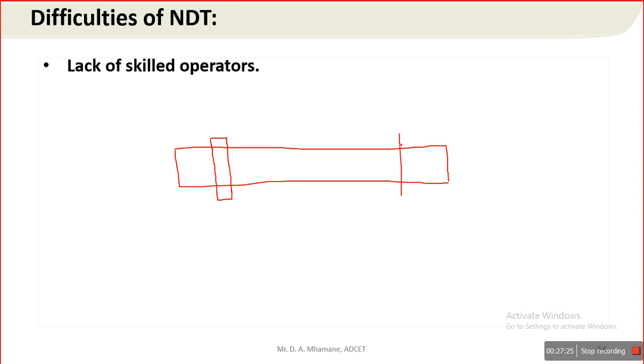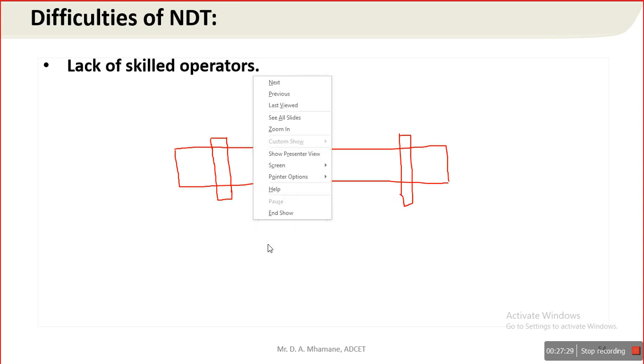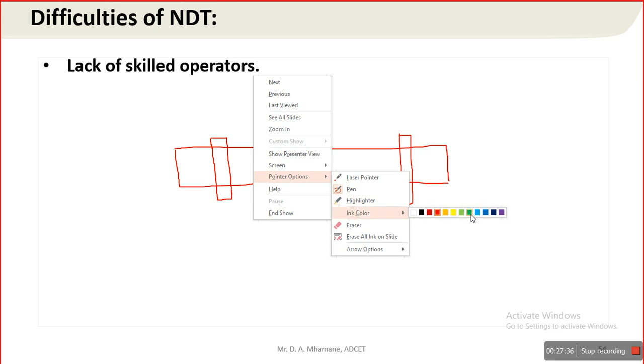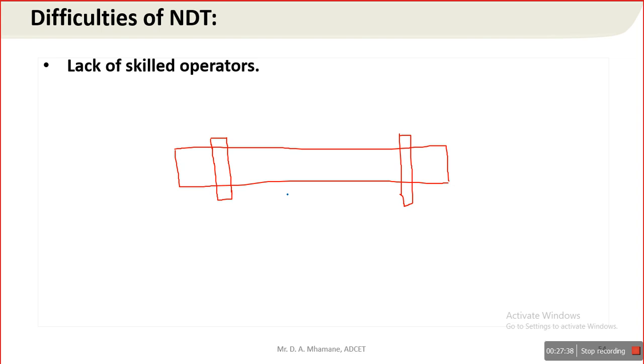These are the two bearing locations. Suppose you are scanning this component axially, you need to place the probe at this location.